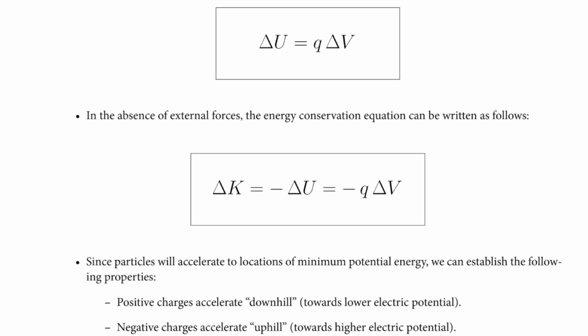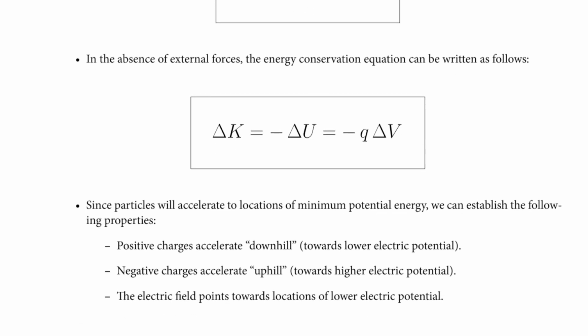So this actually teaches us some things about how charges behave in relation to potential. So note that a charge will speed up if this delta kinetic energy term is positive. So if we can somehow make this boxed term positive, that will mean a charge speeds up.